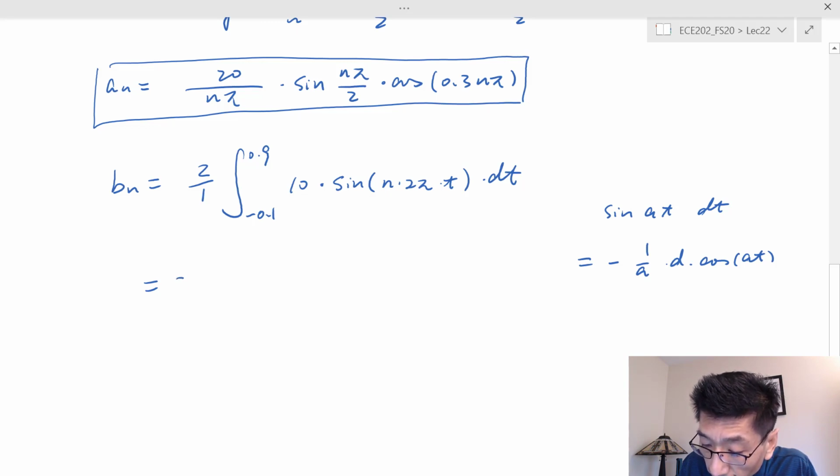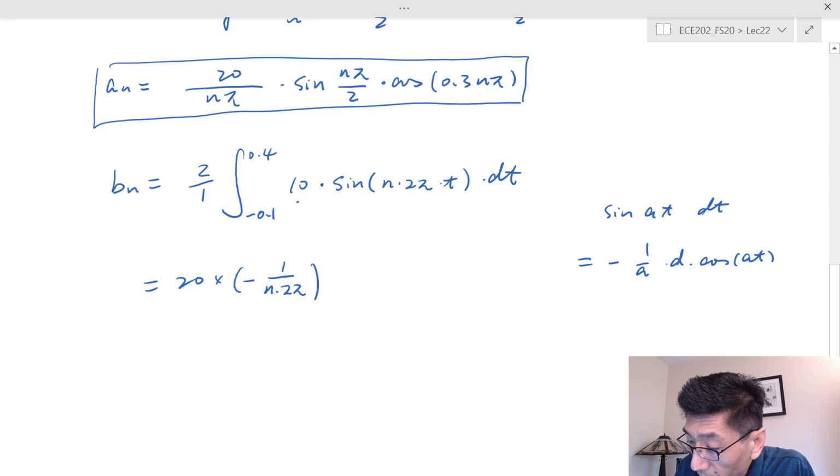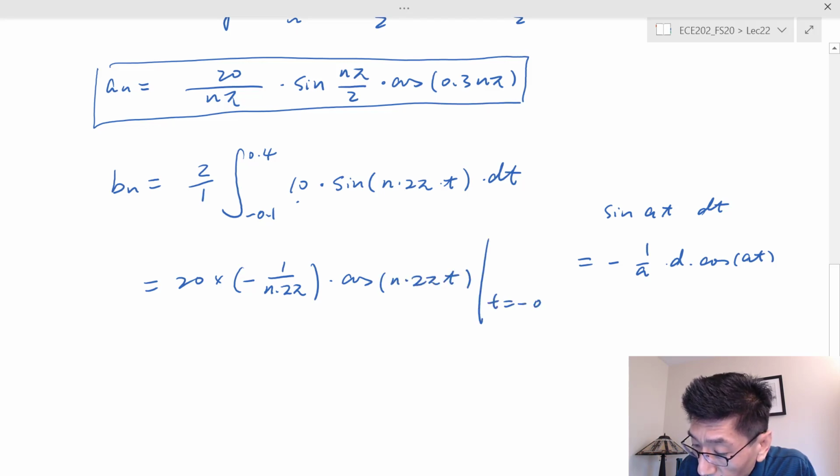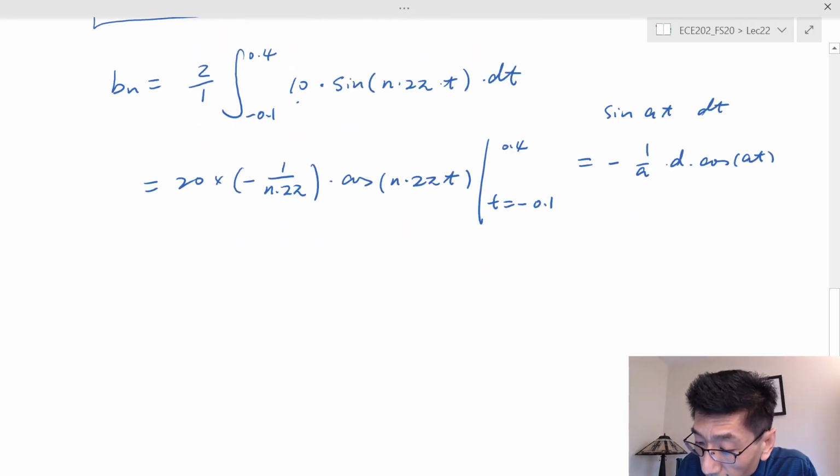We get this 10 out, and we can integrate just the sine, and then we have 1 over a, negative 1 over a, which is n times 2 pi, right? And then we evaluate the cosine of n times 2 pi t, with t from negative 0.1 to 0.4.